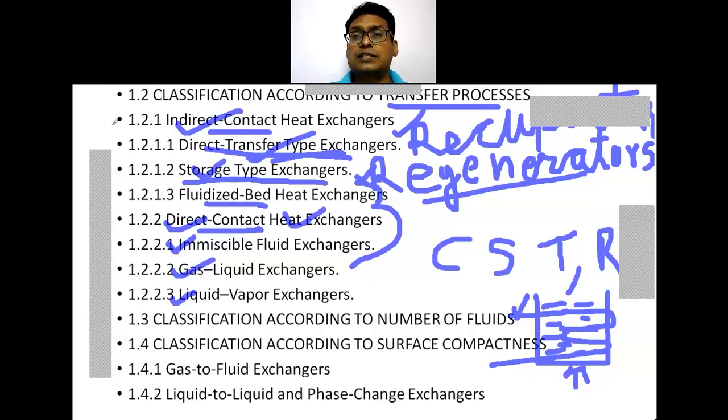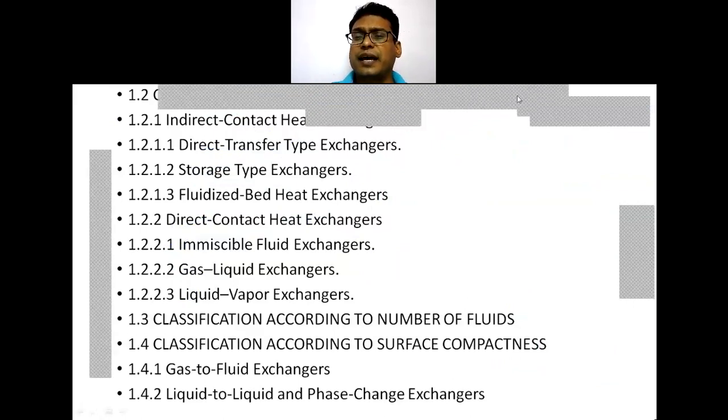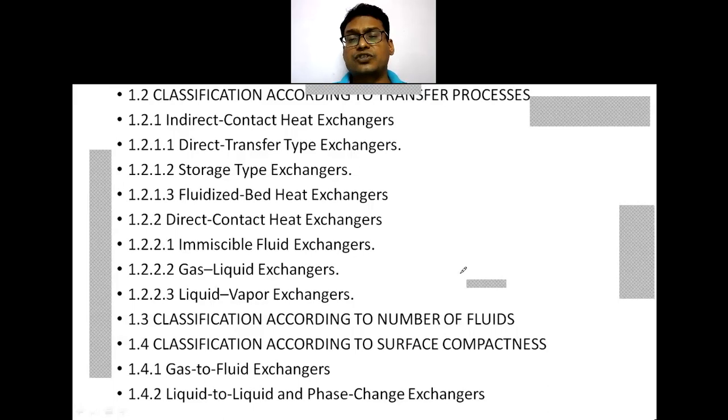So the first classification, according to the transfer processes, is regeneration, recuperation, and the direct contact type. The next is depending on the number of fluids. I can use one fluid, two fluids or three fluids, but they are not very common. Then the next classification is according to the surface compactness.